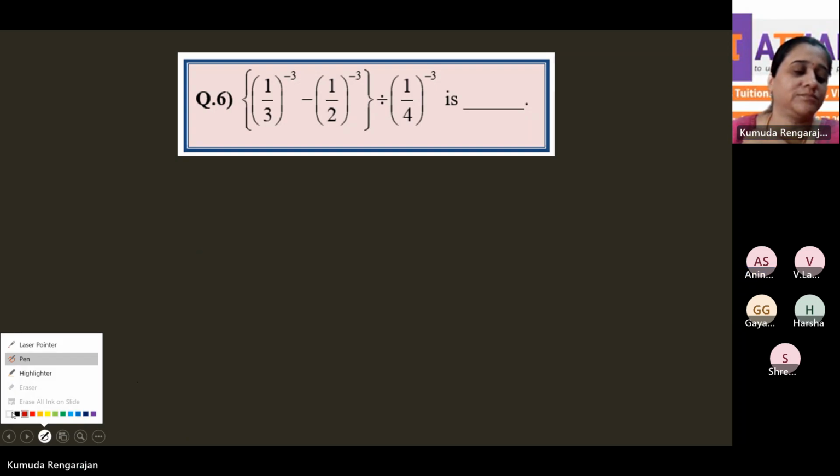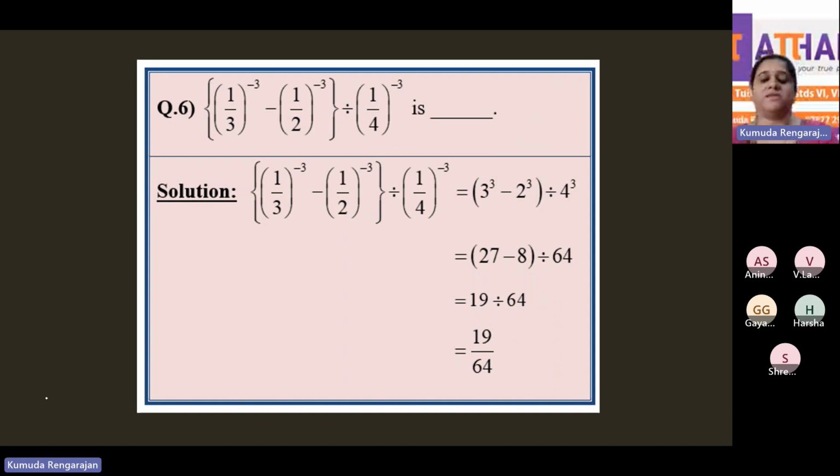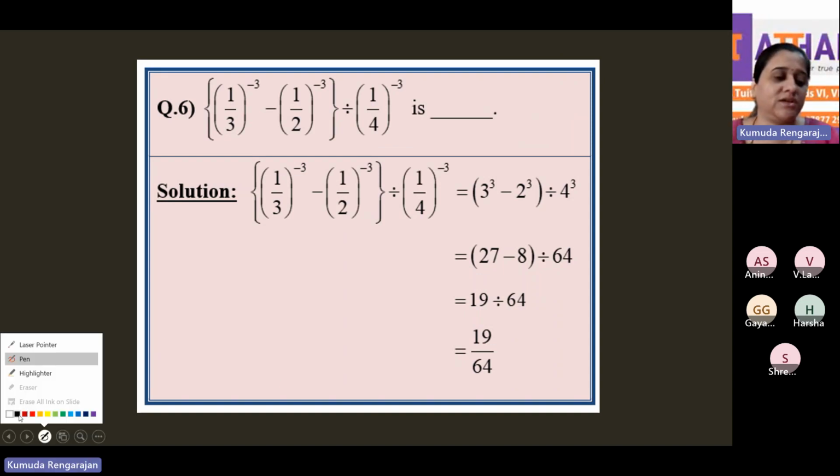Gayatri? Answer. Harsha? Okay. 19 by 64 is the correct answer.